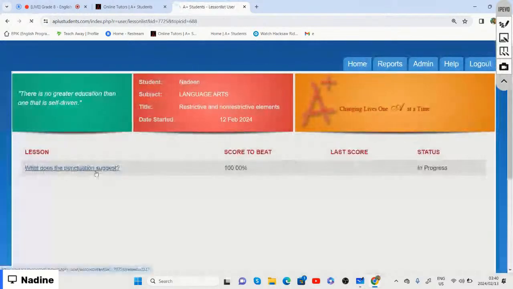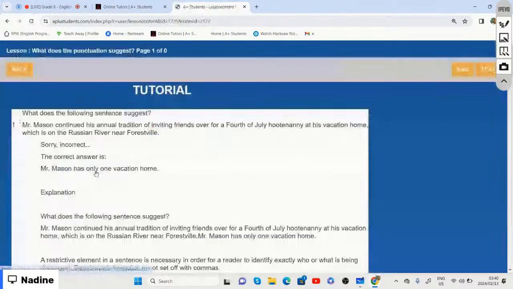We said that we have a restrictive element and we have non-restrictive elements. Restrictive elements within a sentence are necessary in order for the reader to identify exactly who or what is being discussed. And restrictive information is not set off with commas.